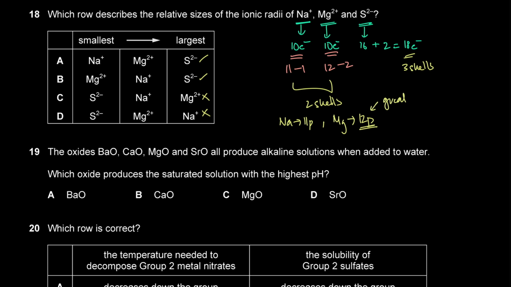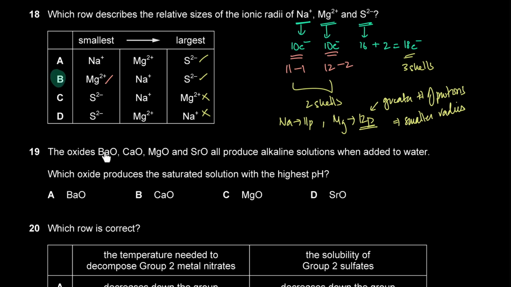So a greater number of protons means a smaller radius. The greater the number of protons, the more strongly the electrons are attracted towards the nucleus, so the smaller the ion. So the smallest will be Mg2+, and the largest will be the sulfide ion. So the answer is B.